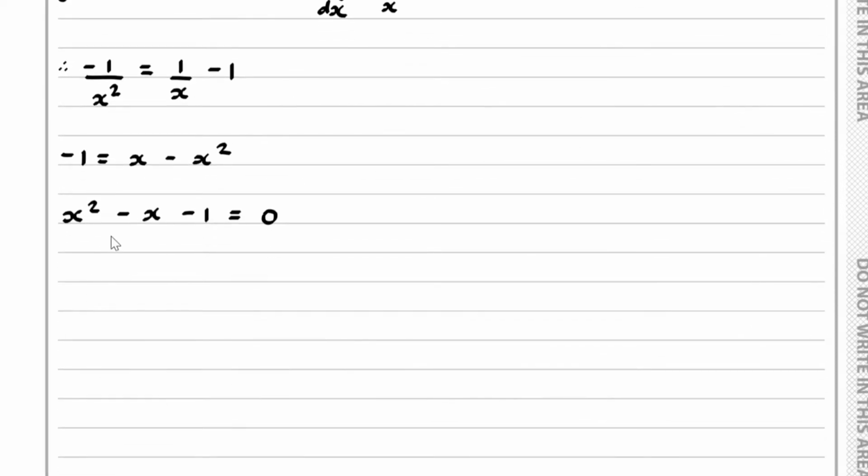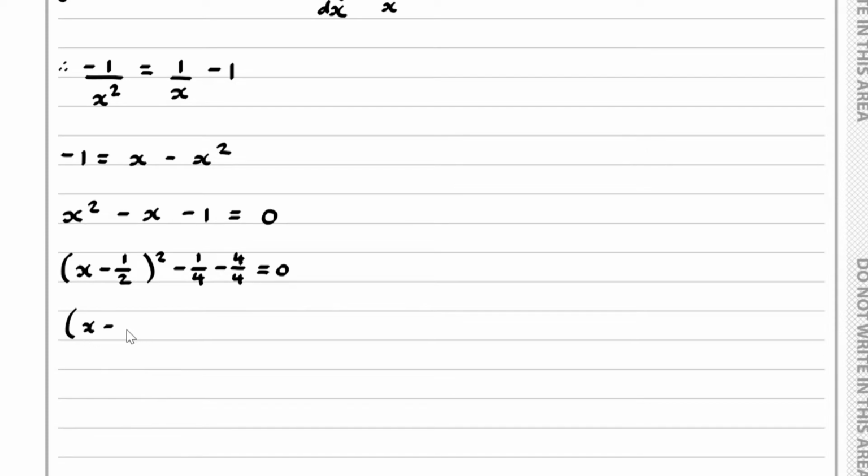Now completing the square, we have x minus 1/2 squared minus the square of this, which is 1/4, and then we are subtracting 1. So this subtract 1 I'm going to rewrite as subtract 4/4. So this is all equal to 0.